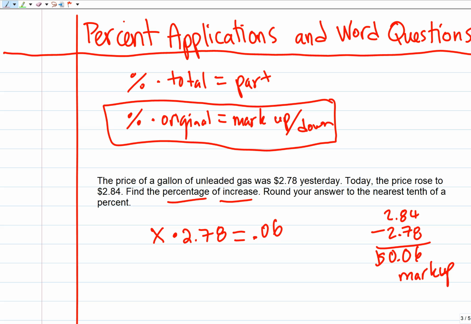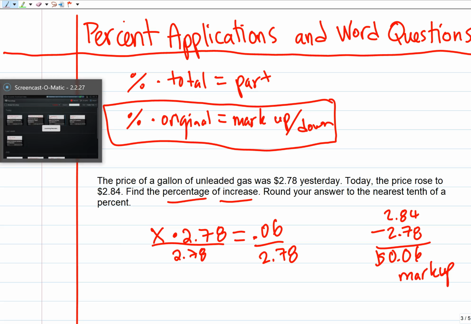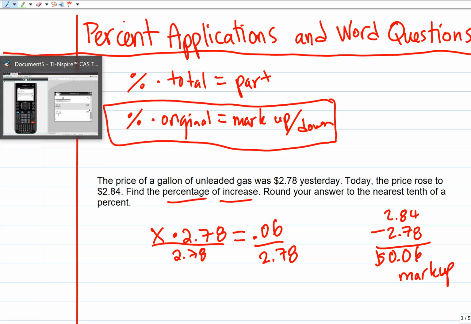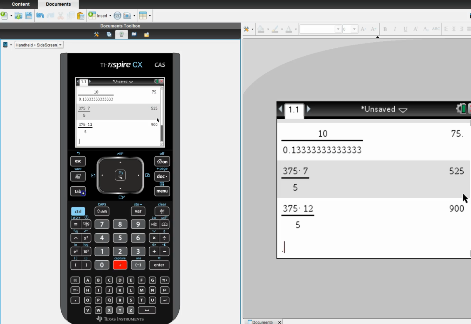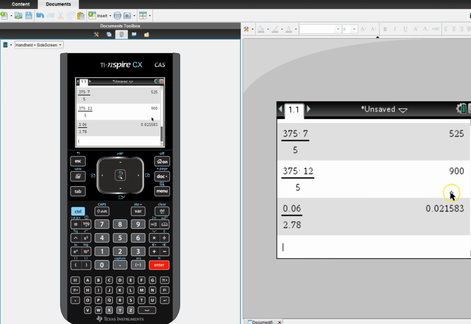So what do I do now? Well, I can figure out what that percentage is by dividing both sides by 2.78. 0.06 divided by 2.78 is 0.0215.